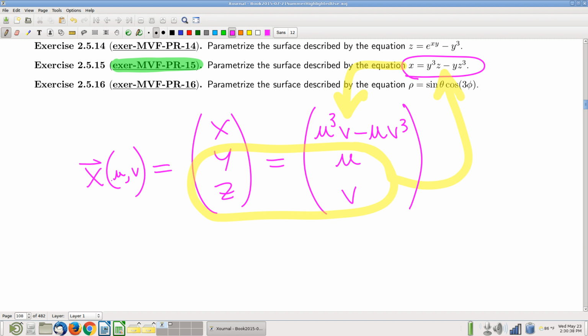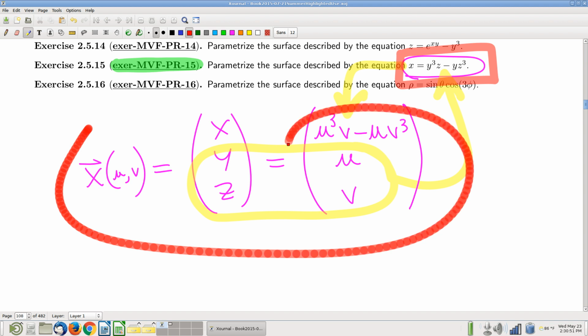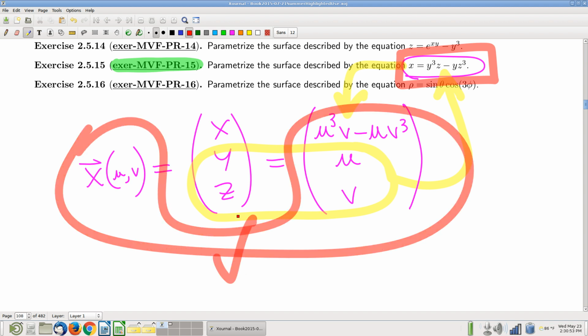And so, wonderfully, even though what this surface looks like, I don't know, it's a hard question, no comment on what it looks like, but that parameterizes it. Does that make sense? Everybody happy?